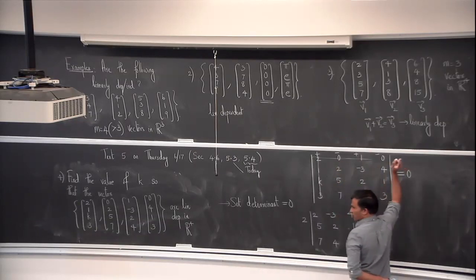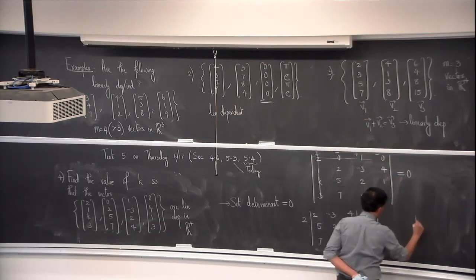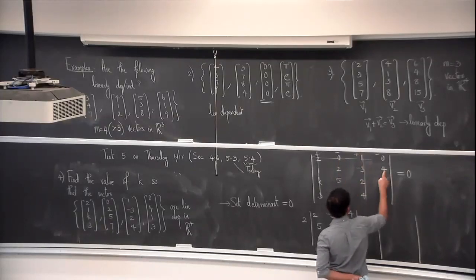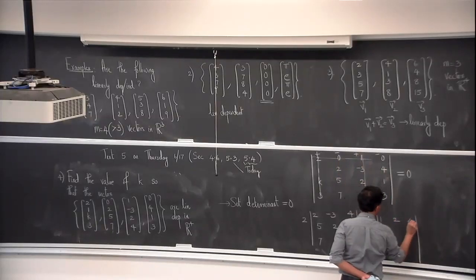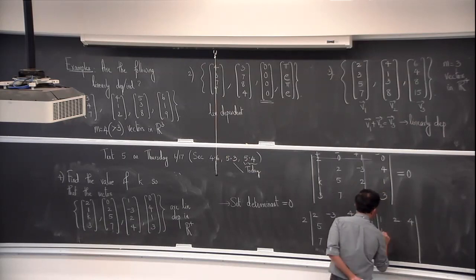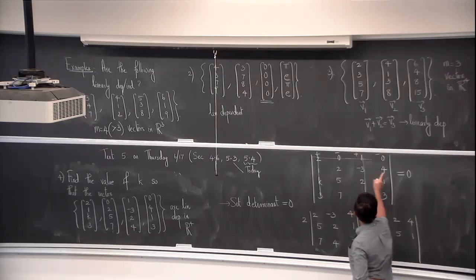Minus 0 times whatever, plus 1 times its 3 by 3 minor, which is 1, 2, 4, K, 5, 1, 3, 7, 3.